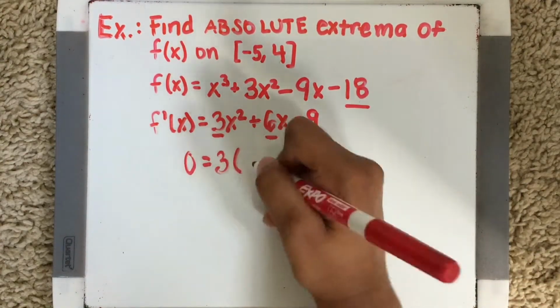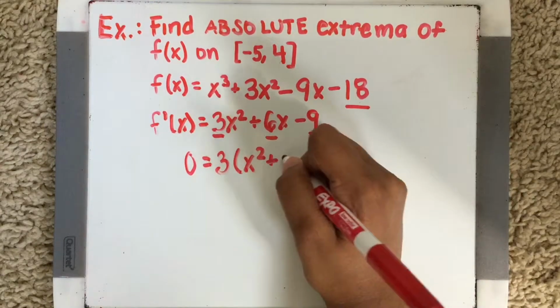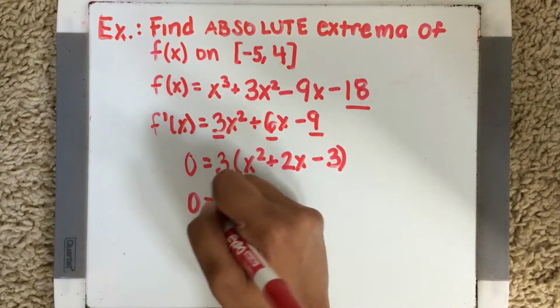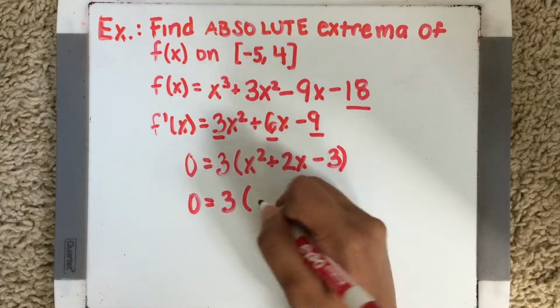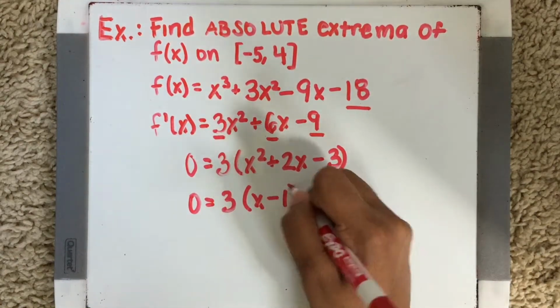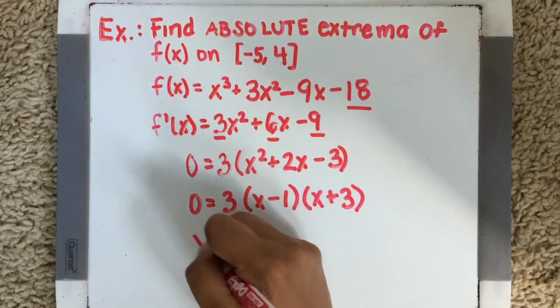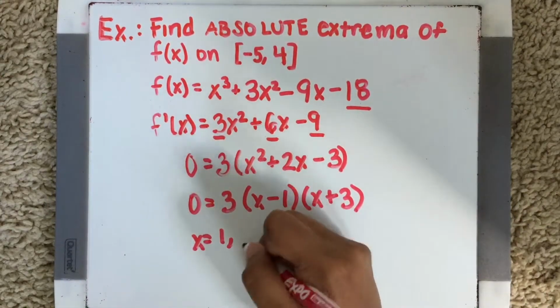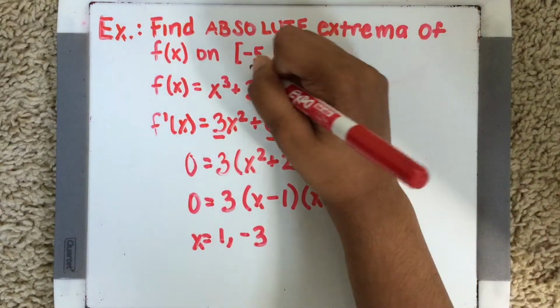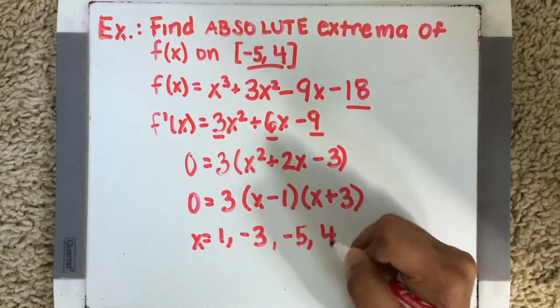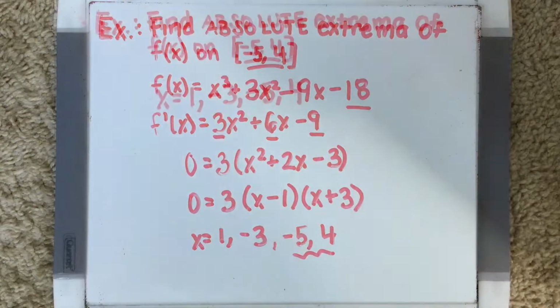We can extract the 3 to give us 3 times x squared plus 2x minus 3, which can then factor into 0 equals 3 times x plus 3 times x minus 1. And this gives us x values of 1 and -3. But we must also remember to include the endpoints, which in this case are -5 and 4.